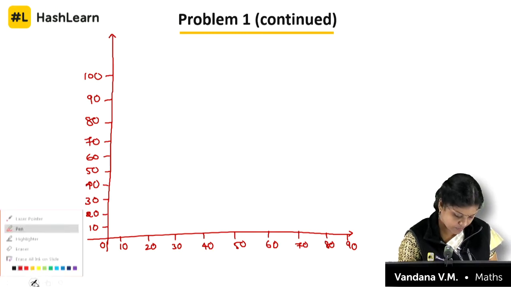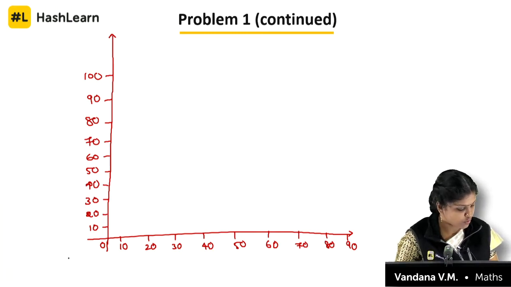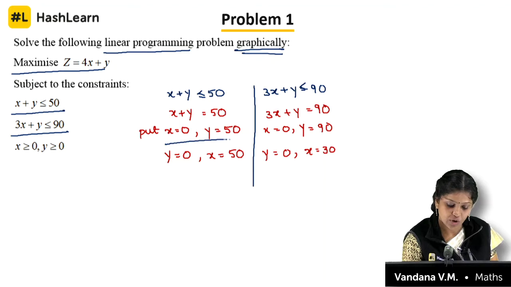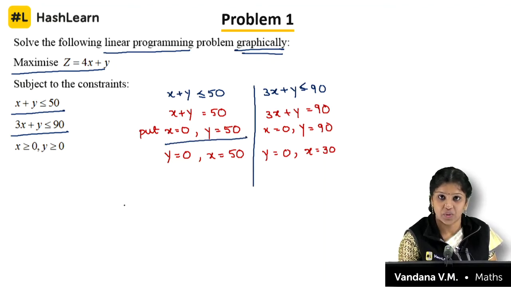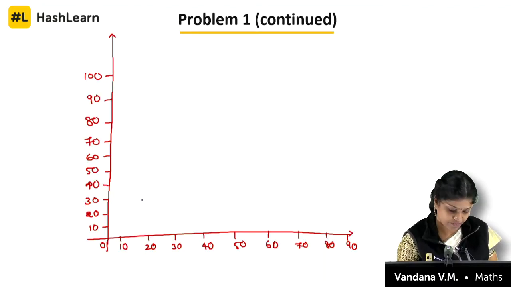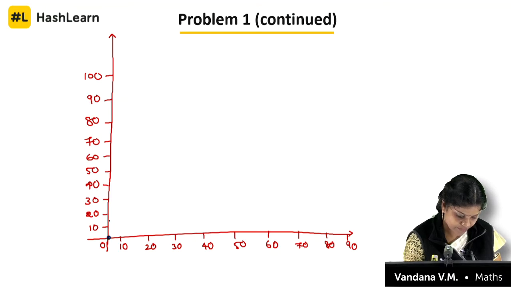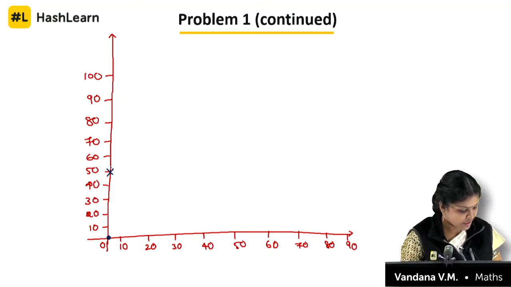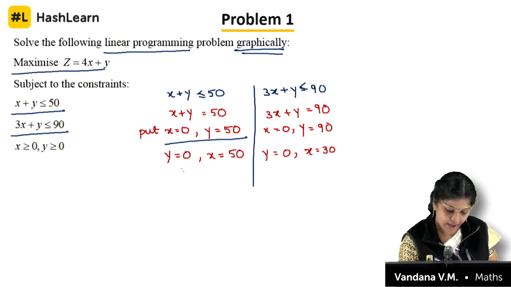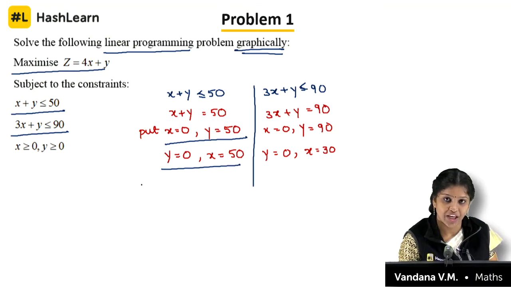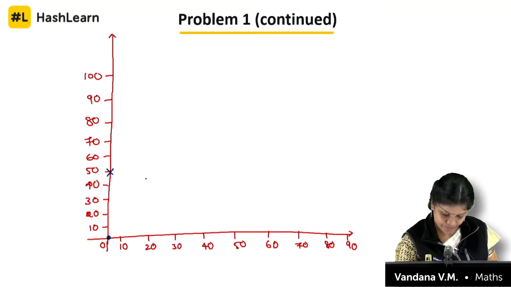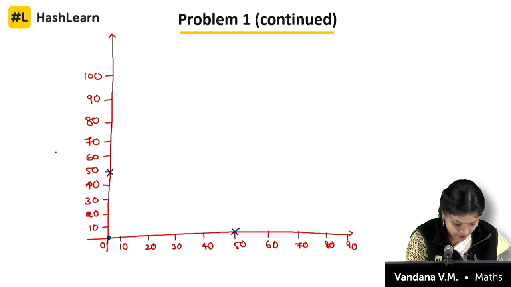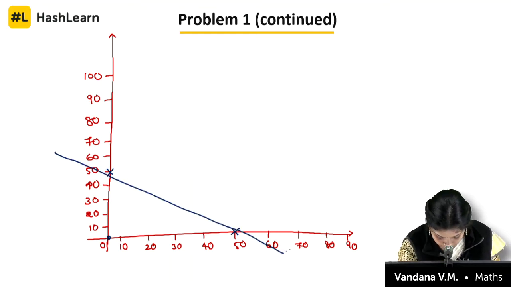So please plot the points. The first one is 0, 50. X value is 0, y value is 50, right? So this is 0 and this is 50. Next, go back. X value is 50, y value is 0. Same thing. Now you draw the graph.